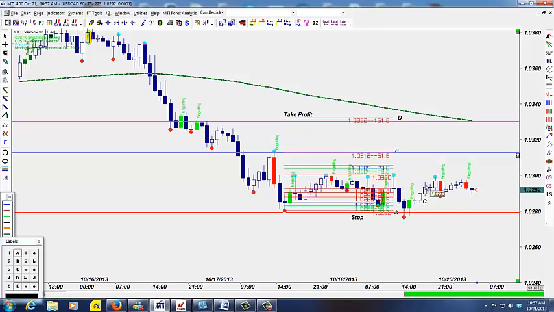So no matter where you enter, it doesn't make a difference on the pullback, how far you want it to pull back. You'd rather see a greater pullback. I mean, the 618 is the best, right? We really want to see a 618 or 786 pullback. That's the best. And then take it up to the D extension.